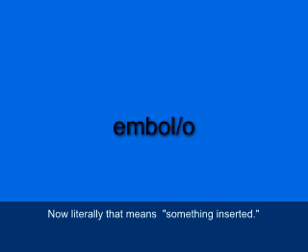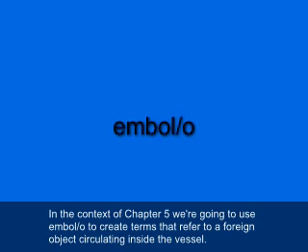The next combining form is embolo, EMBOL/O. Now, literally, that means something inserted. In the context of Chapter 5, we're going to use embolo to create terms that refer to a foreign object circulating inside the vessels.